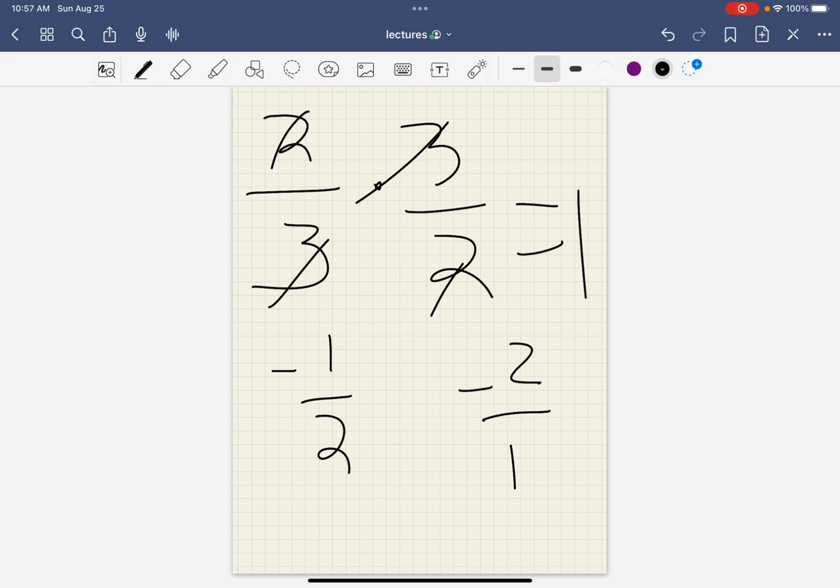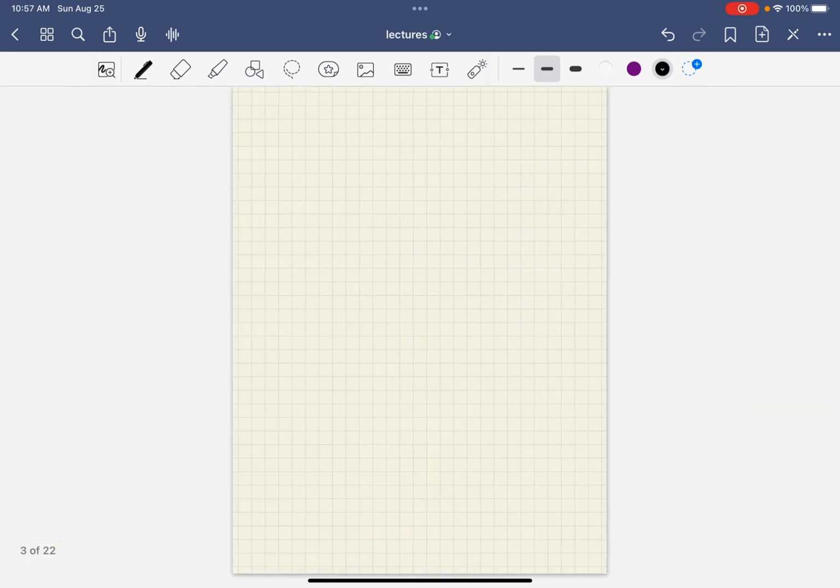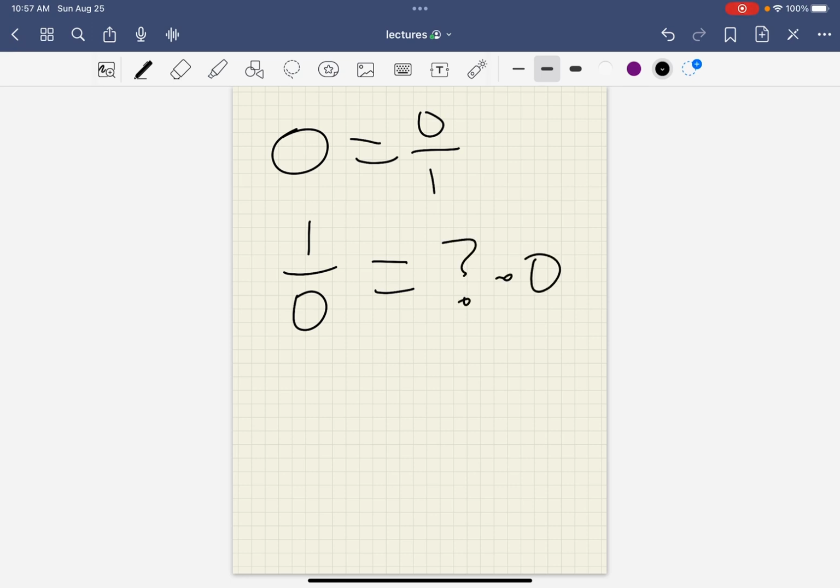If you have a whole number, remember that's the same thing as 4 over 1, so its reciprocal would be 1 over 4. Then what's the reciprocal of 0? Remember, 0 is like saying 0 over 1. So the reciprocal of that would technically be 1 over 0. But if you can divide by 0, that means 0 times something would have to be equal to 1, wouldn't it?